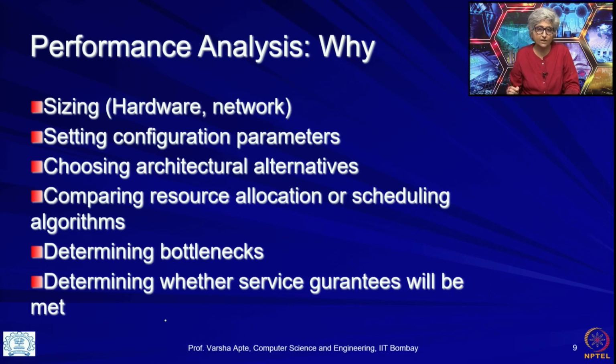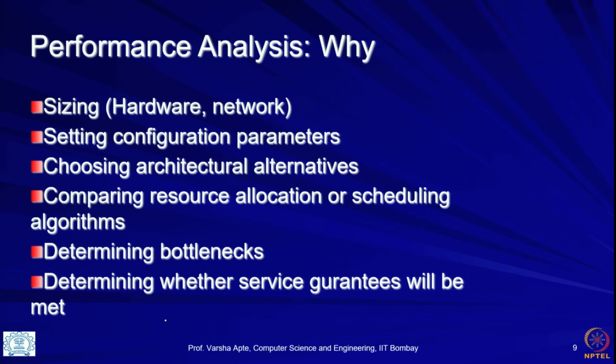For a cellular operator, for example, the operator may want to know how many channels they should arrange for in a particular cell. For that they may need to estimate how many calls per second they need to carry successfully, or they may need to estimate that if I only give, say, 10 channels in this cell, then what will be my blocking probability? How frequently will I be giving network busy to my users?